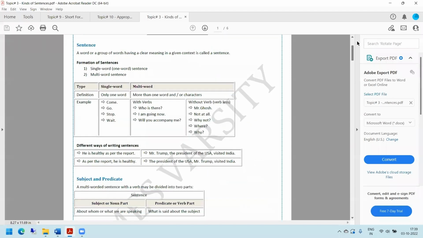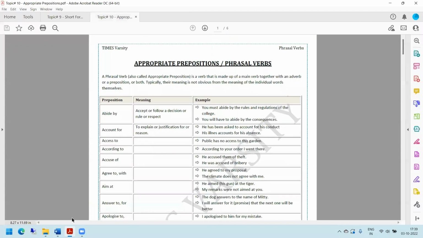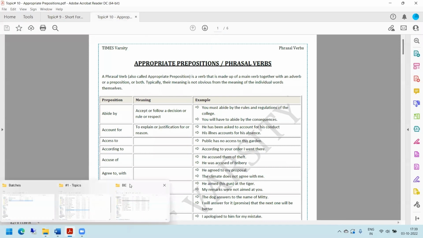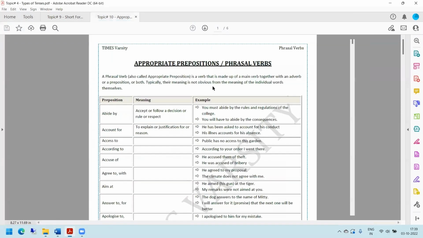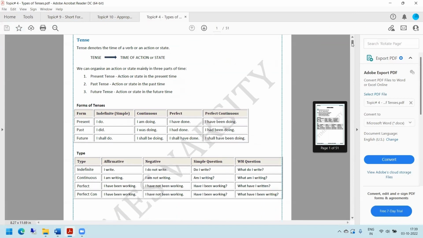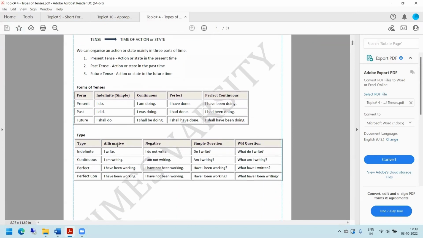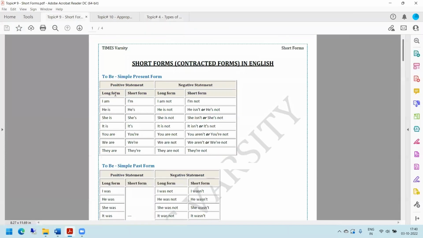Perfect. So if you remember, while discussing tenses, we discussed different types of sentences like affirmative, negative, simple question, and WH question. So positive sentence is called an affirmative sentence. Okay. So in a positive sentence we use I am, then the rest of the sentence.